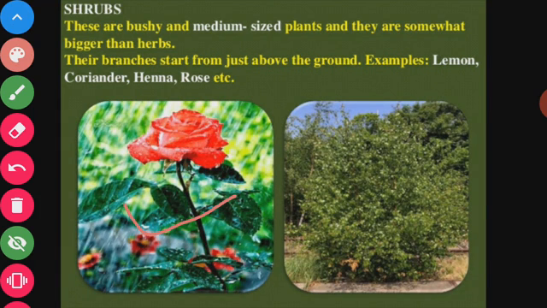They are bushy, medium sized, and have a woody stem. Their branches start from just above the ground. Examples: lemon, coriander, rose. These are the examples of shrubs.